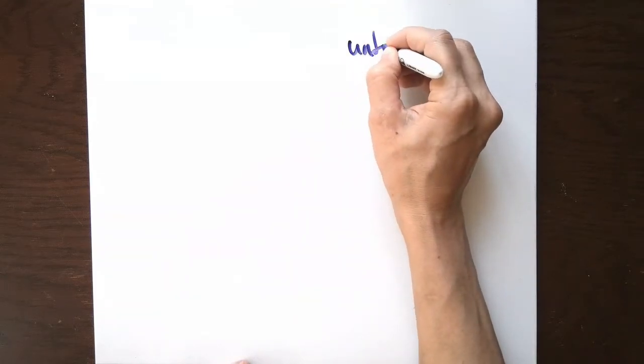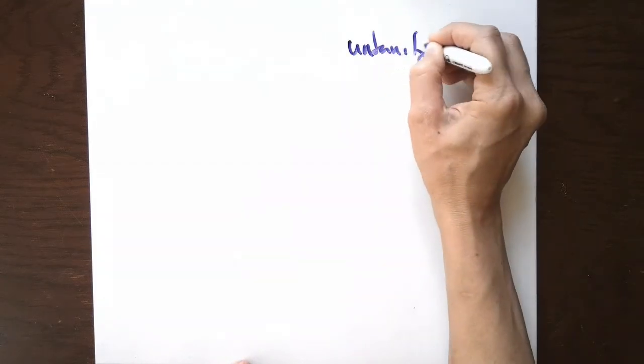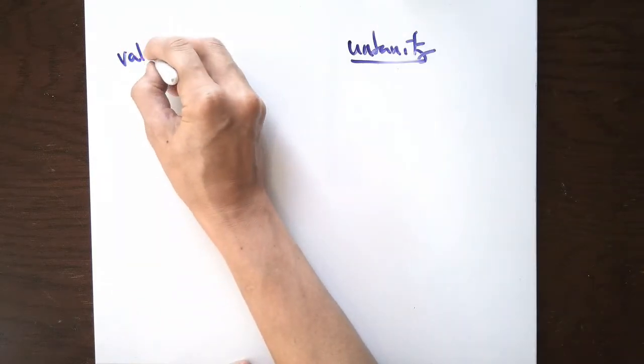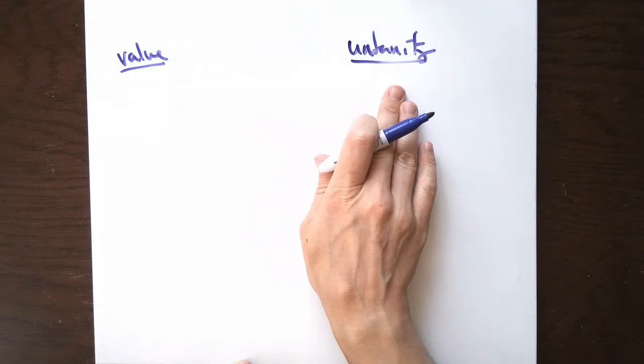Let's talk a little bit more about value and uncertainty. The right method to find the uncertainty is always going to depend on how you found the value that you're finding the uncertainty of.